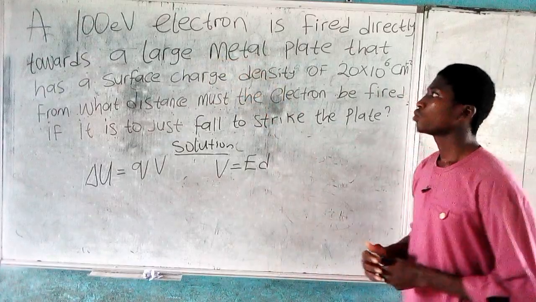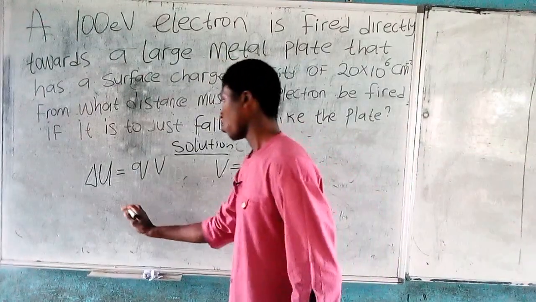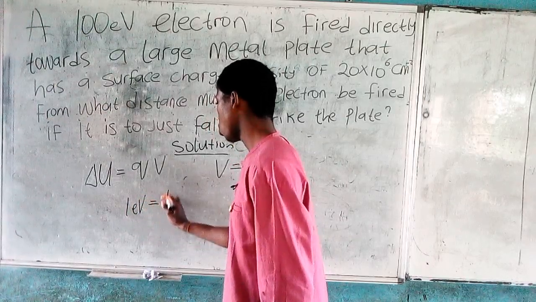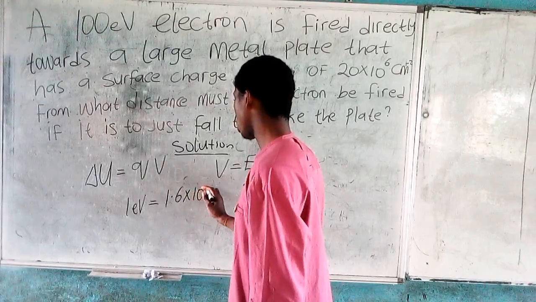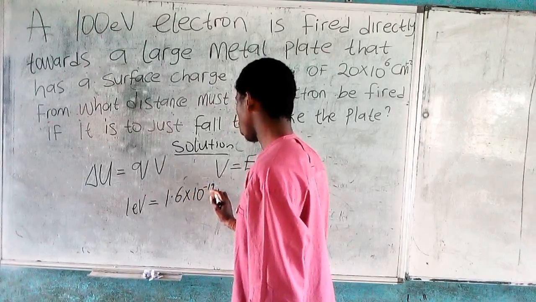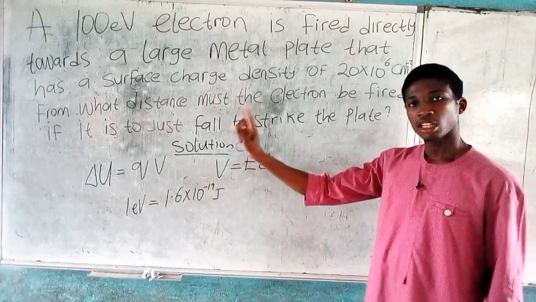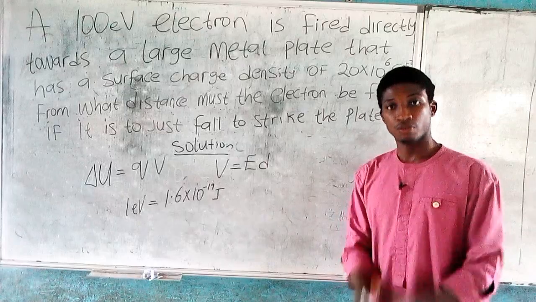Now let's find our energy: 100 electron volts. Mind you, 1 electron volt is equal to 1.6 times 10 to the power of negative 19 joules. Please make sure you are jotting this down, very important.